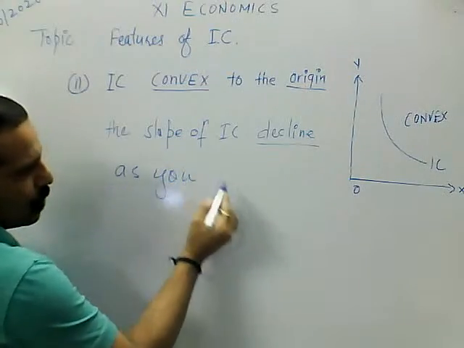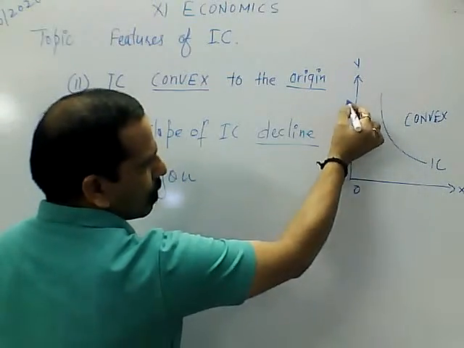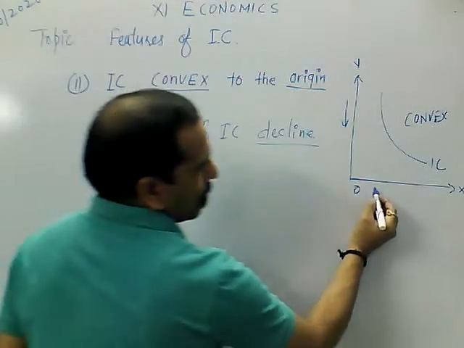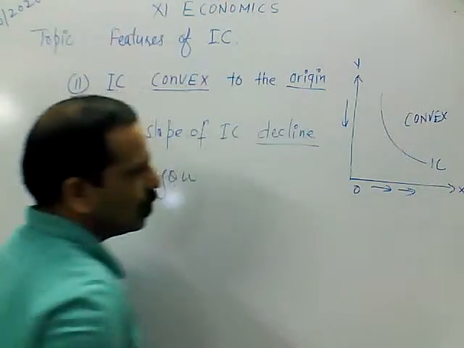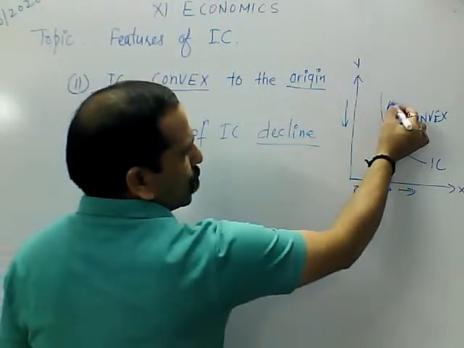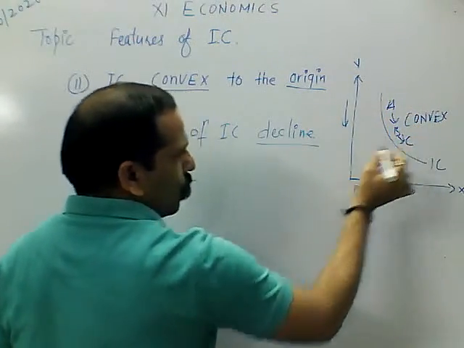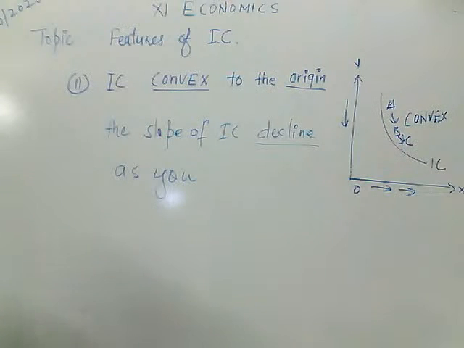As you move from A to B, with different combinations A, B and C, when you keep on moving from A to B, and B to C, the slope keeps on decreasing.